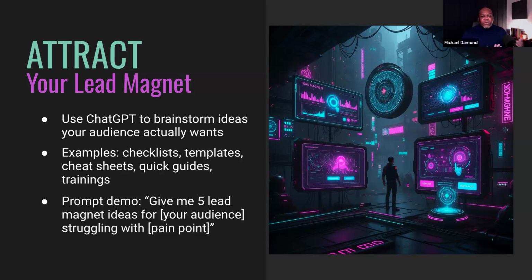So one example, and we'll do this when we're doing our demo, is you could go to ChatGPT and say, give me 5 lead magnet ideas for your audience. You have to think about who your audience is and what pain point they're struggling with. So what are some of the things that my audience in the example of the VO3 training might need?